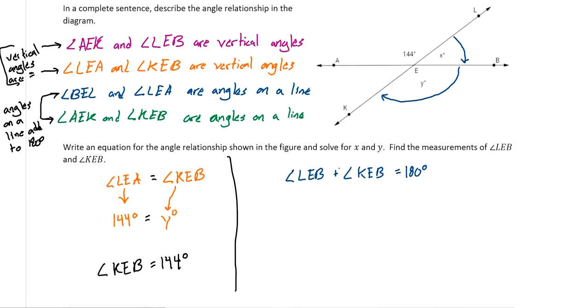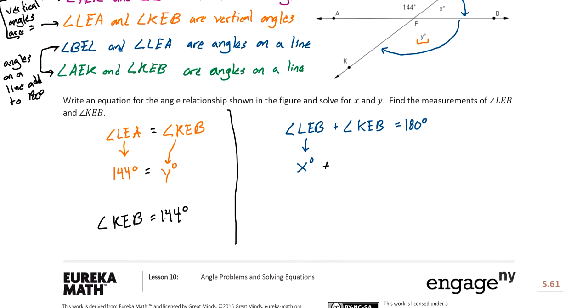So they tell us LEB is x degrees, plus now KEB, they tell us is y degrees, but actually we just found out angle KEB equals 144 degrees. Both those add up to be 180 degrees.